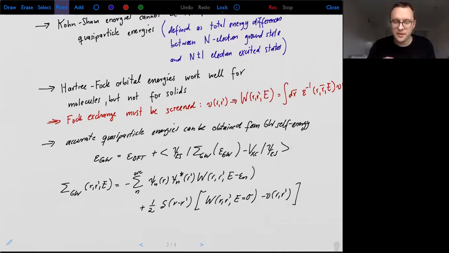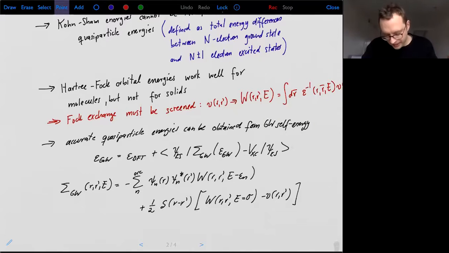So the presence of the electron induces a charge density, and that charge density acts back on the electron. Sometimes this is described as a hole that the electron digs for itself. So this is how it looks.